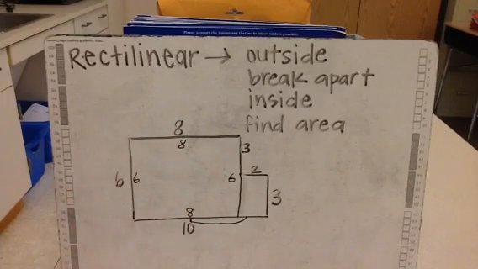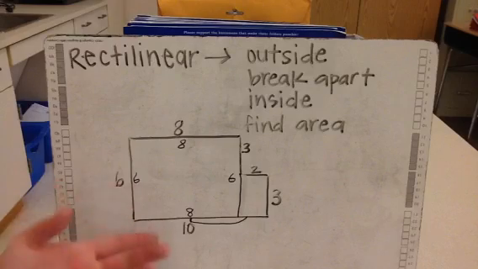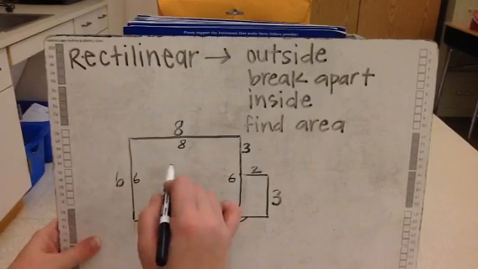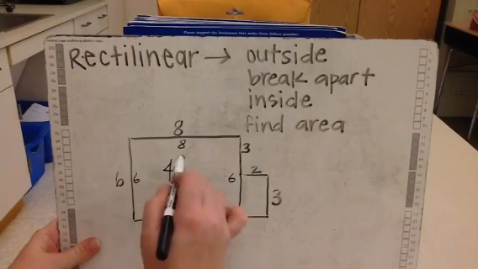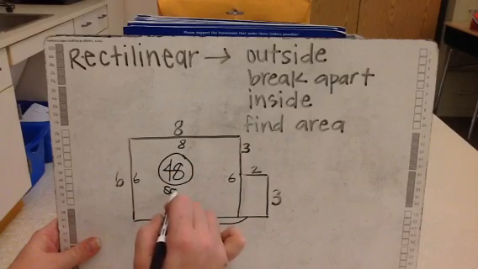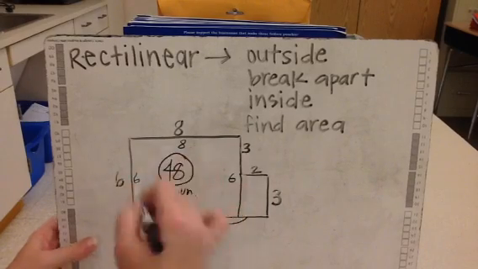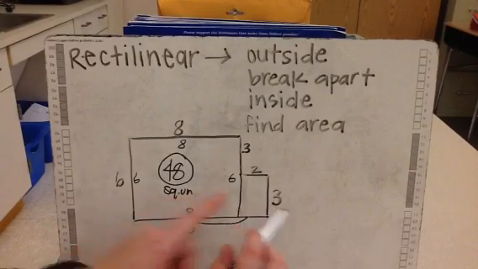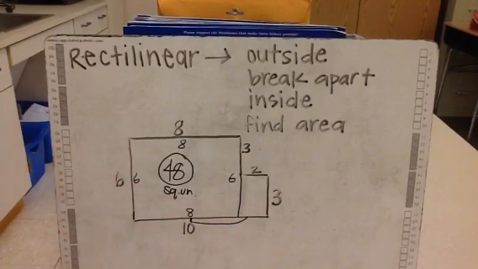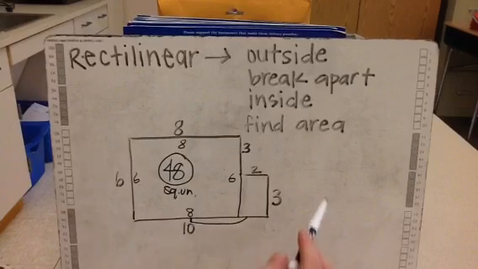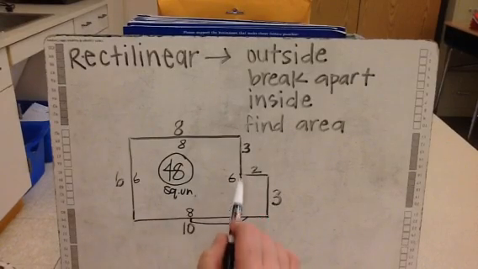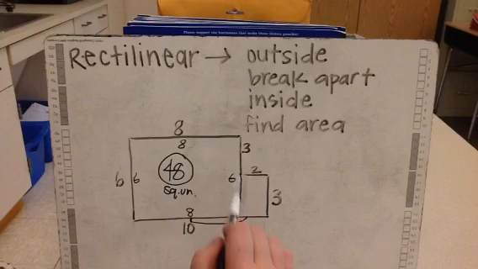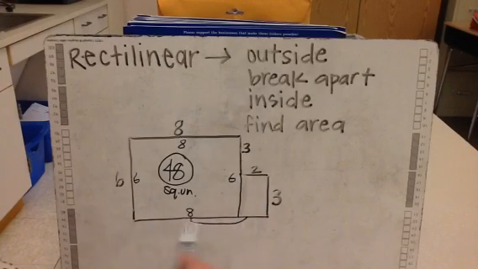So now I can find the area of this rectangle. I can multiply 6 times 8. So 6 times 8 is 48 square units for this rectangle here. Now I need to go over here. So I need to look at my safe sides. Here, this one didn't really even exist before I broke it up, so I can't use that one. And this side, again, was 10, and I broke it up.